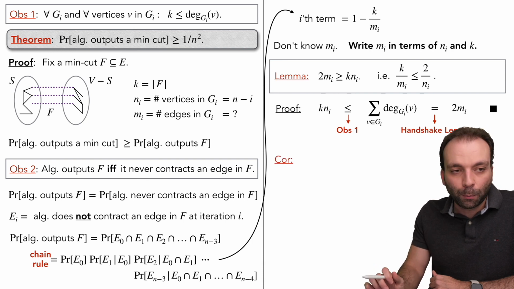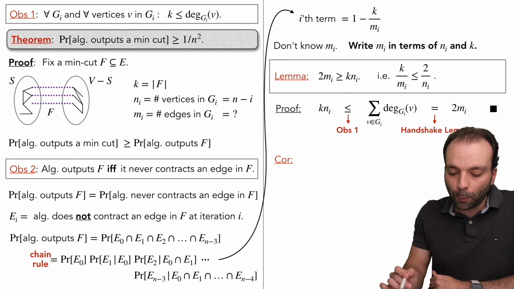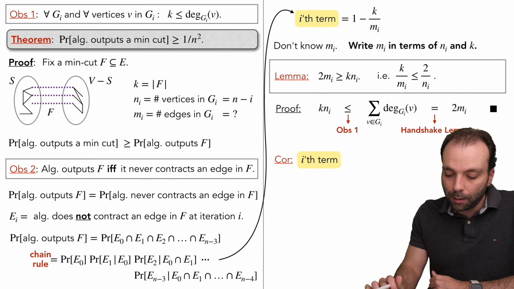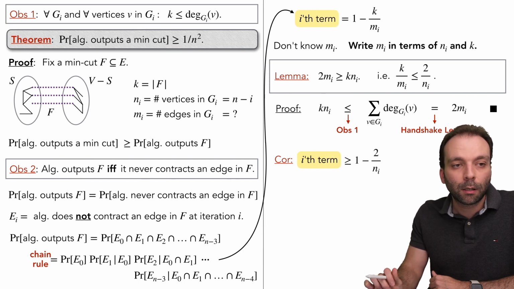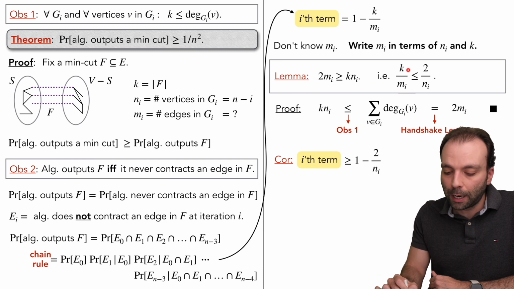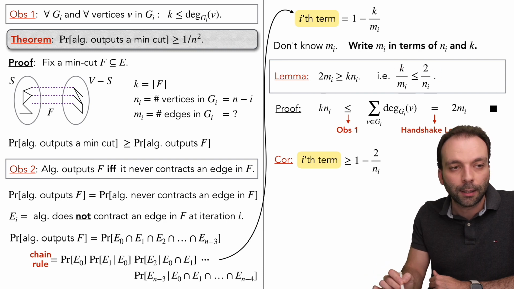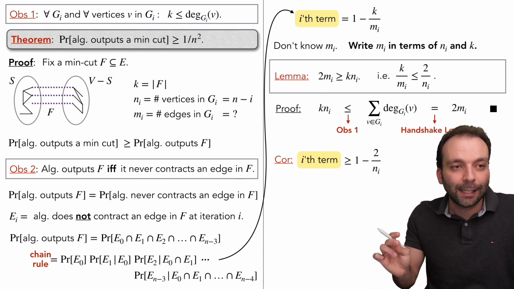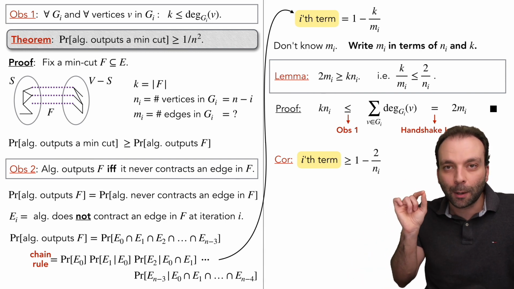And now what does that mean? That was the proof, but now let's put the lemma here and bound the ith term. What is the ith term going to be bounded by? The ith term is bounded by 1 minus 2 over n sub i, because k over m sub i is bounded by 2 over n sub i. And I know exactly what n sub i is.